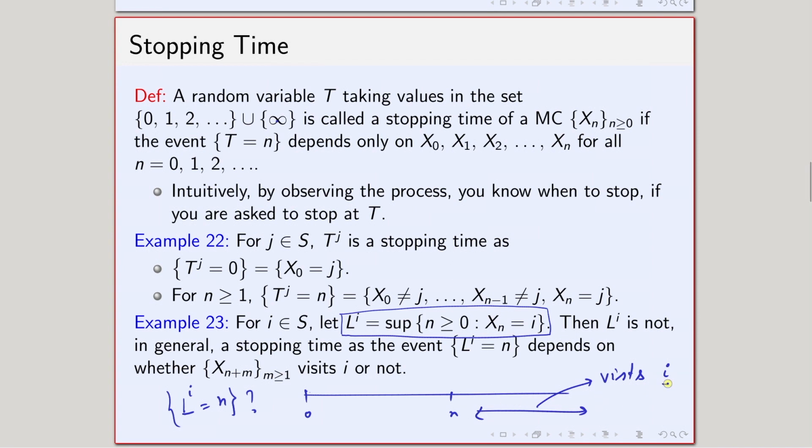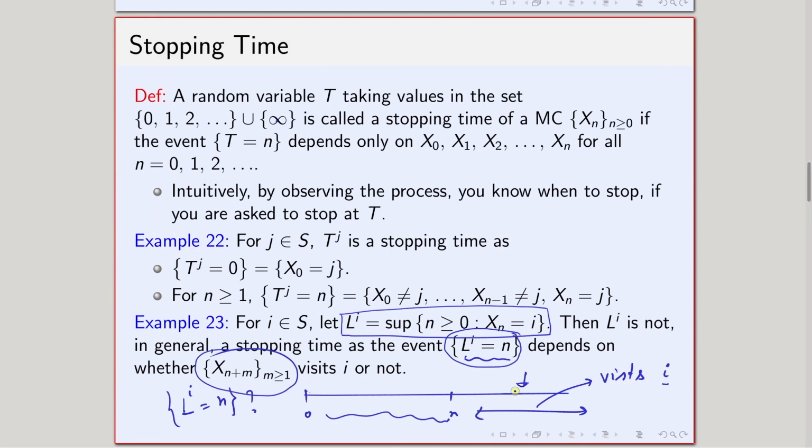If the chain does not visit i, then Li equals n. If the chain visits i after n, then it will not be n, it will be more than n. So to say whether this has occurred or not, I have to know the values of the Markov chain in the future of n. That means this event does not depend only on this part, but also on this part.